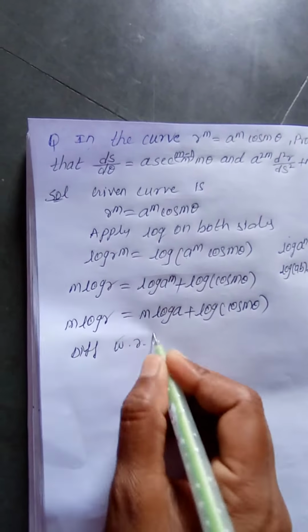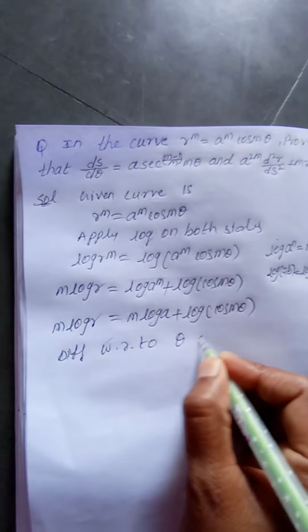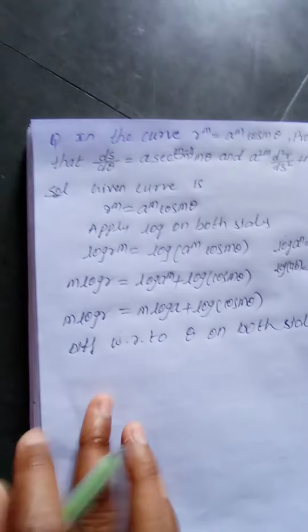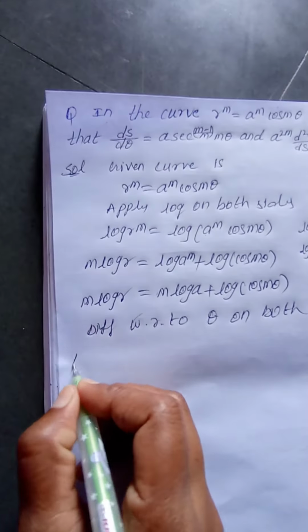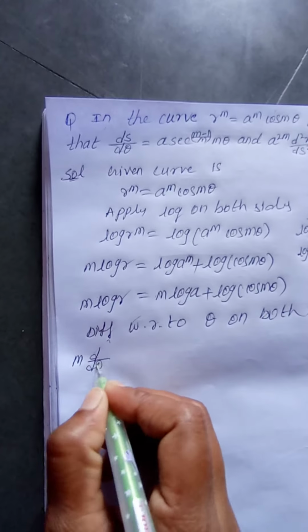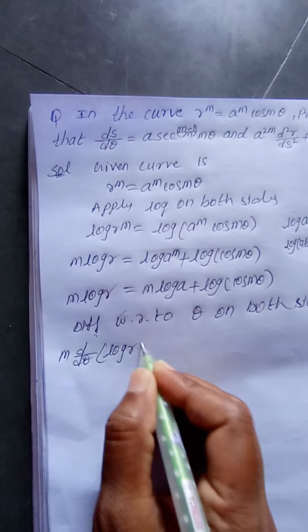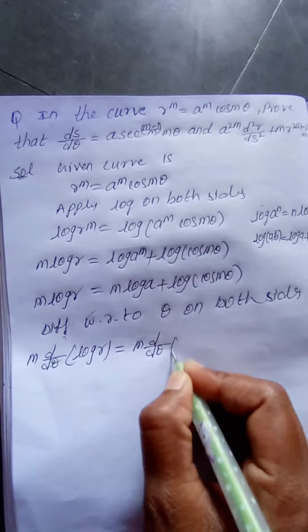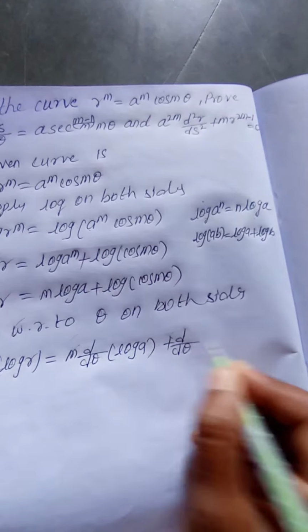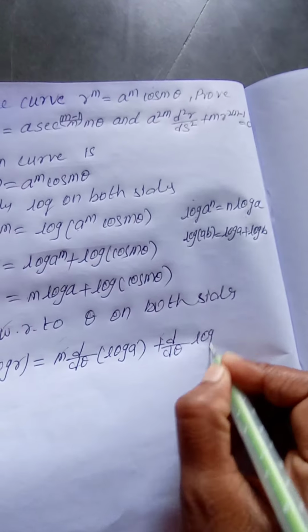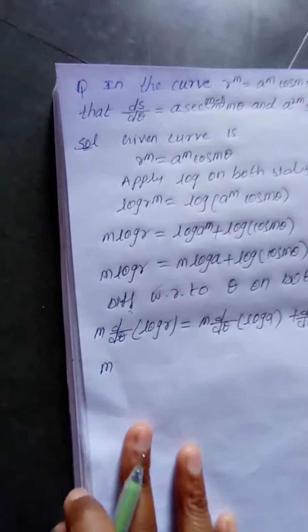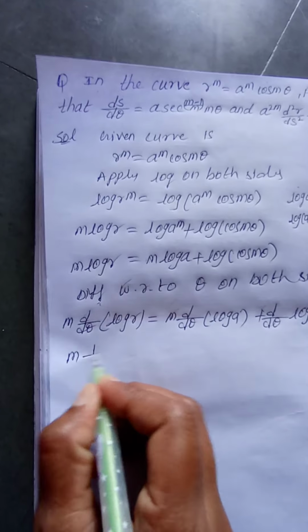So now differentiate with respect to theta on both sides. Where m is constant, d by d theta of log r equals m into d by d theta of log a plus d by d theta of log of cos m theta. So m into, log r differentiation is 1 by r.